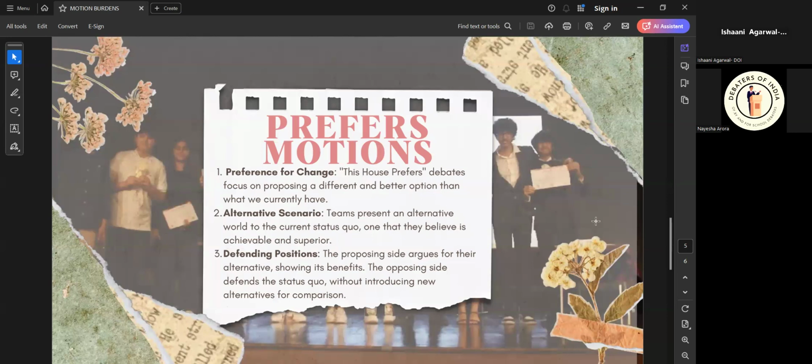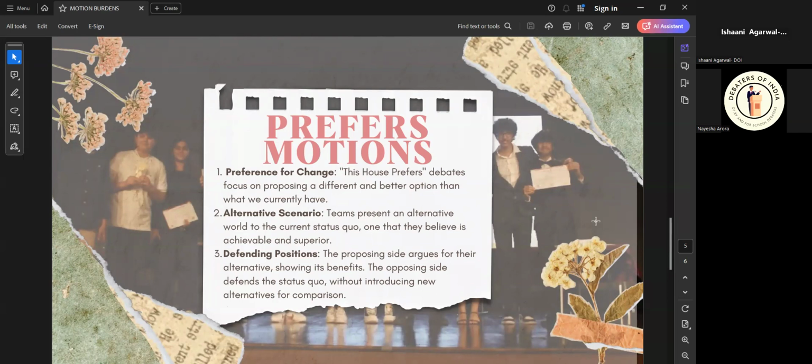So, the team which is preferring the alternative scenario essentially defends that alternative scenario, and the team which is opposing the alternative scenario essentially defends the status quo. So, the team will present an alternative scenario and compare and contrast it to the status quo. Essentially, what becomes very important here is a harms and benefits analysis.